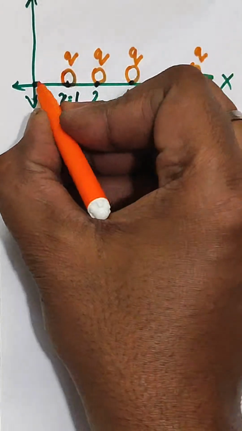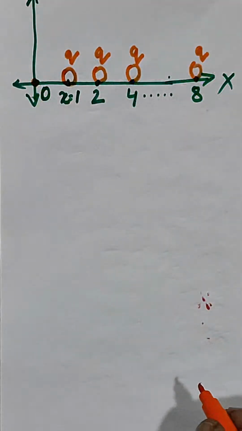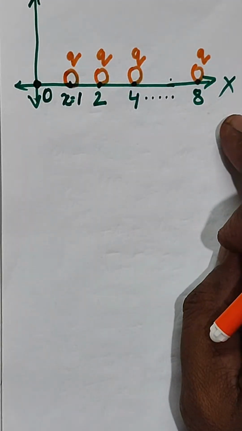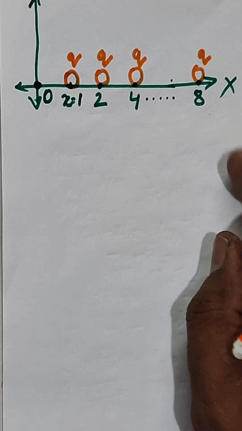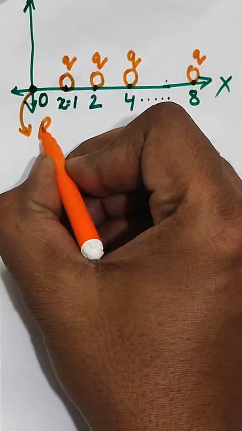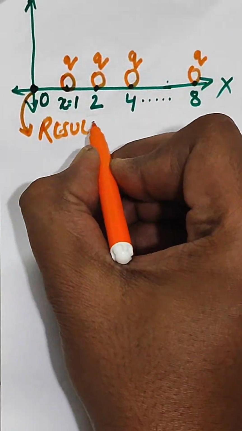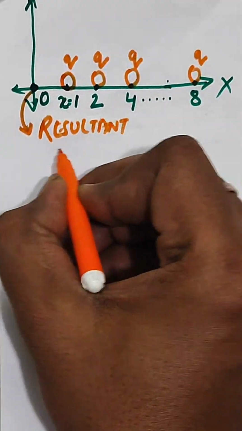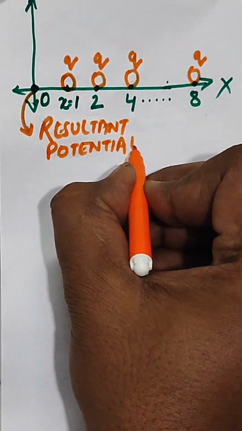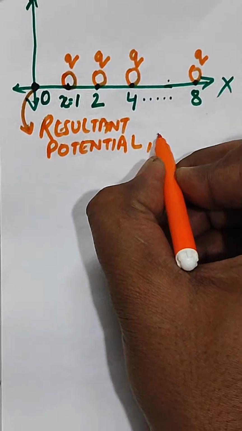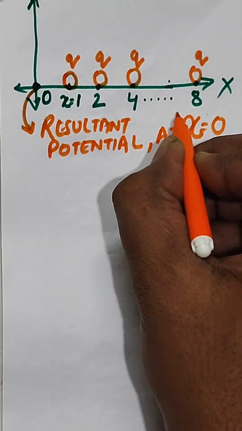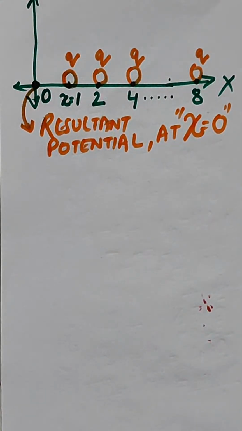And if this is the origin, it has been asked that the resultant potential at x equal to 0, that means here, is what? This is the question to us.